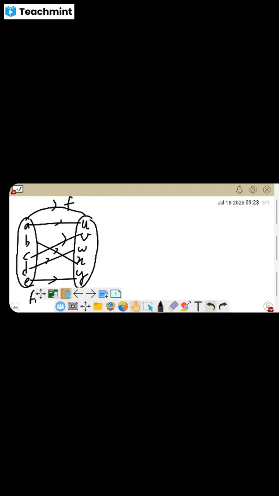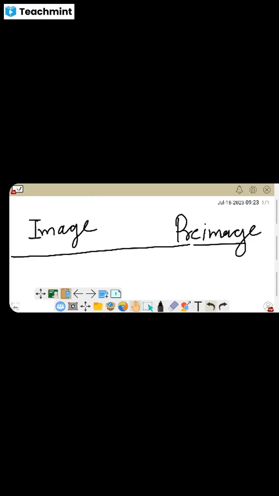So the image is U and the pre-image is A, because A is associated with U. So this says the image of A is U and the pre-image of U is A. Okay.